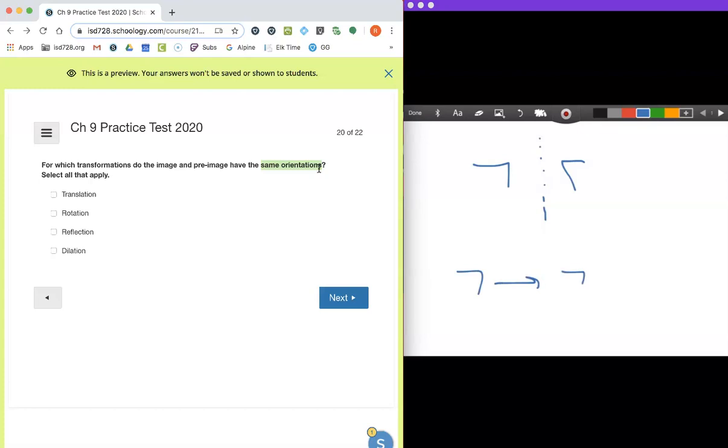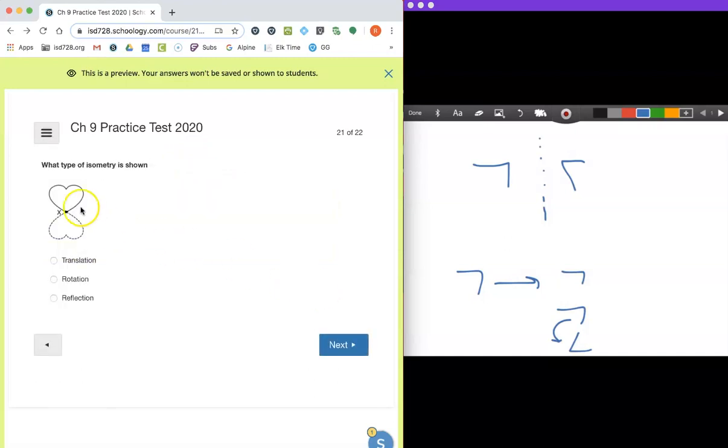Okay, it wouldn't happen if I rotated the 7 so that it's just an upside down 7. Okay, what's happening here, the only thing that's going to flip the orientation is a reflection. I'm sorry, select all that apply, so I read it wrong. So these are all the ones that would be my answer then. These are all the ones that have the same orientation.